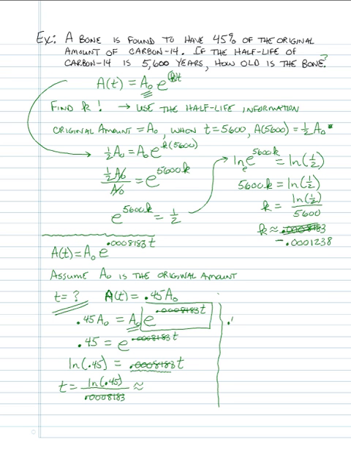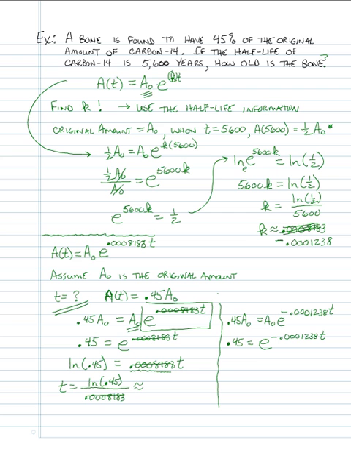So this should be 0.45 a sub 0 is equal to a sub 0 times e to the power negative 0.0001238 t. And so here, when we divide on both sides by a sub 0, we get 0.45 is equal to e to this power, negative 0.0001238 t.